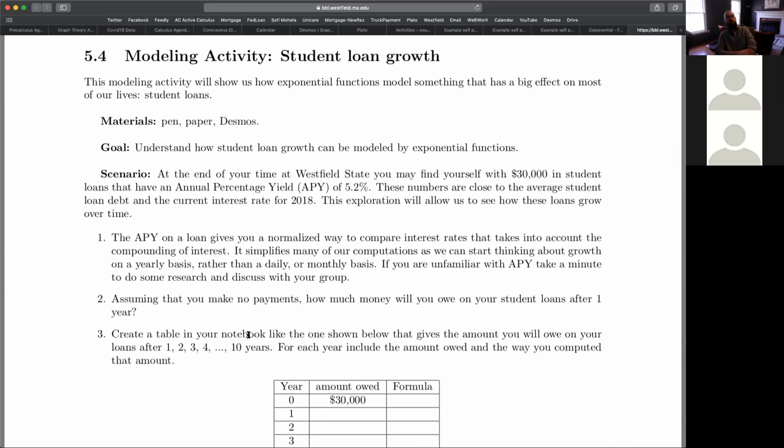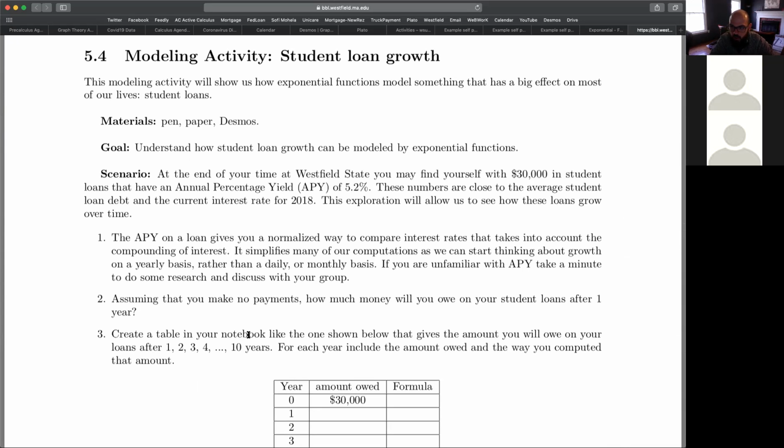So I put together a student loan activity. I know for me personally, I have a lot of student loans, and probably everybody out on YouTube, or anybody going to college, has student loans too.